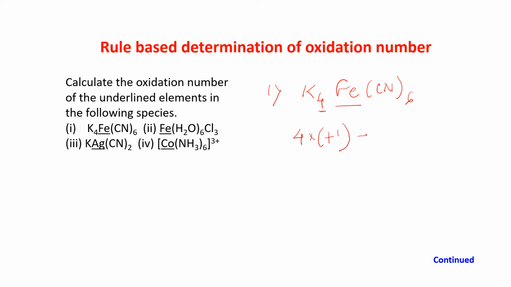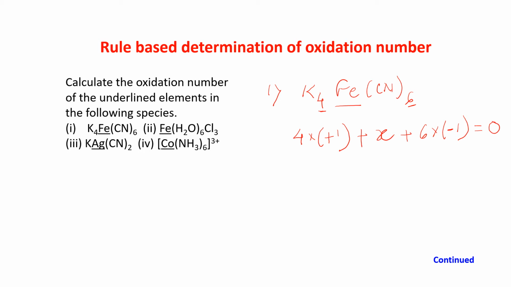For Fe, let us take it X. And the oxidation number of CN is -1. We are having 6 CN, so it will be 6 into -1. And it is a neutral molecule, so it's equal to 0.